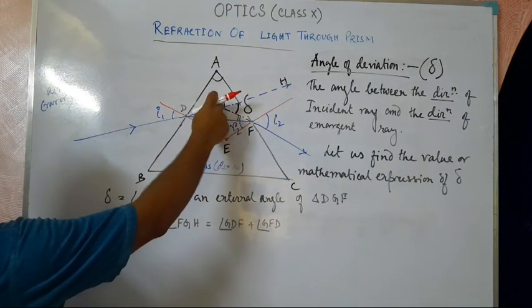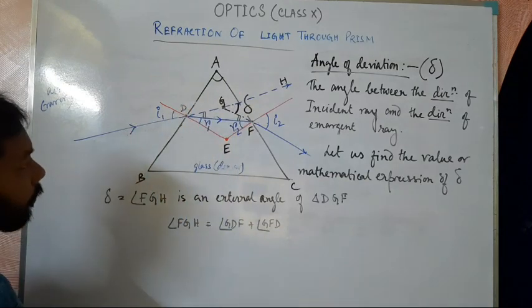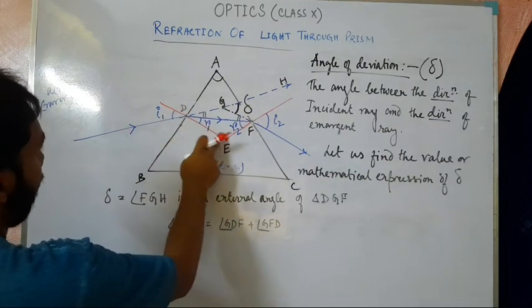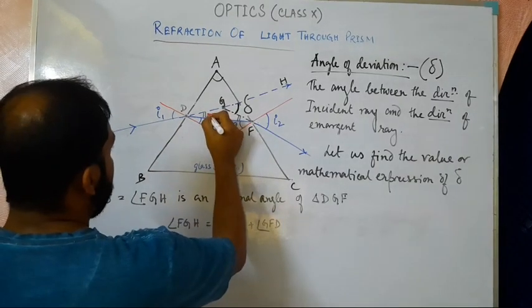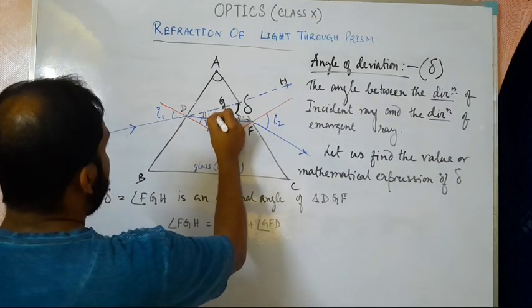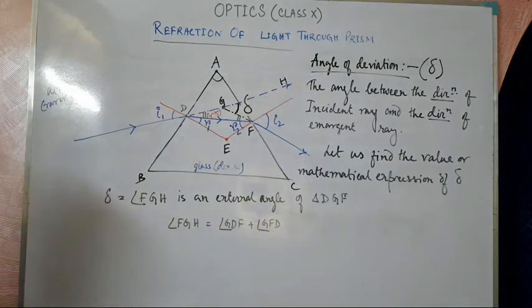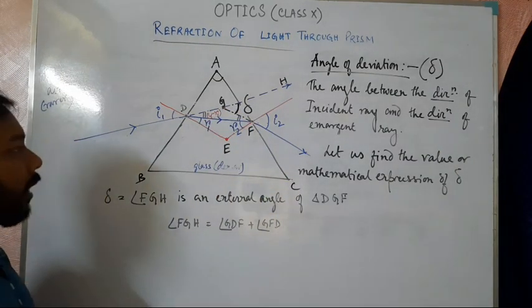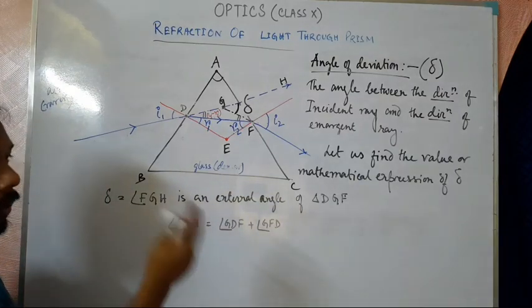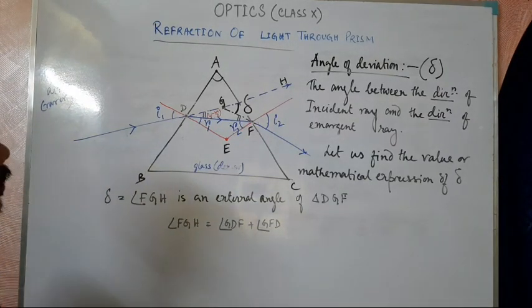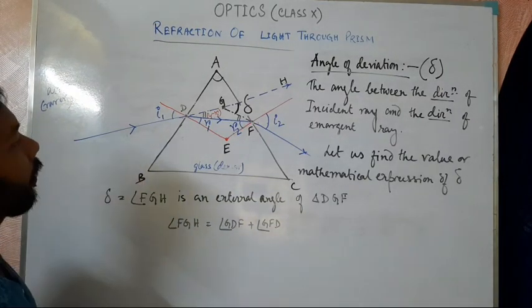So angle GDE is actually I1 and this part is R1. So the remaining part is I1 minus R1. Have you got it? You can rewind the video and learn properly if you can't follow.